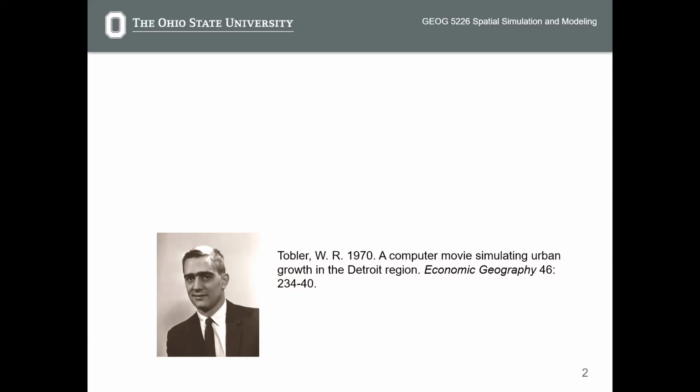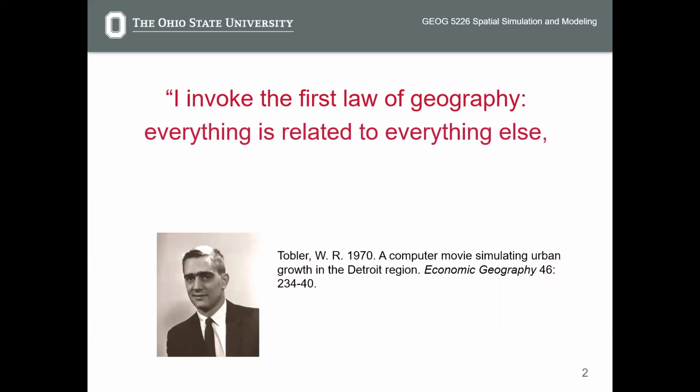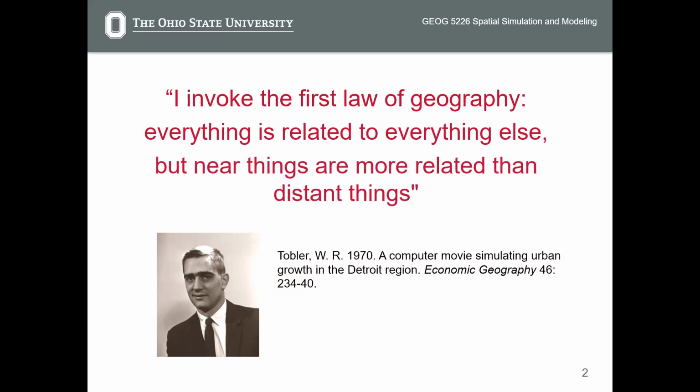And he is very famous for this first law of geography, okay? As a student in GIS major or in geography, you should know this. If you didn't know it, it's okay. And now this is the first law of geography. Everything is related to everything else, but near things are more related than distant or remote things.